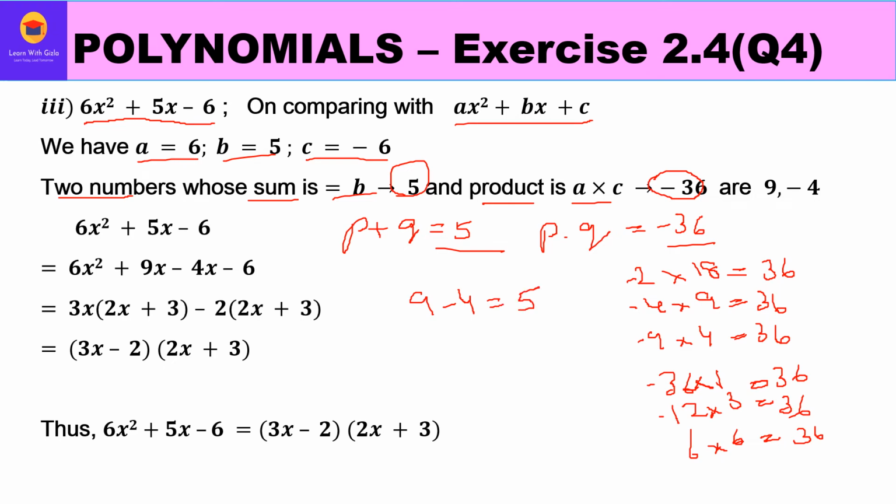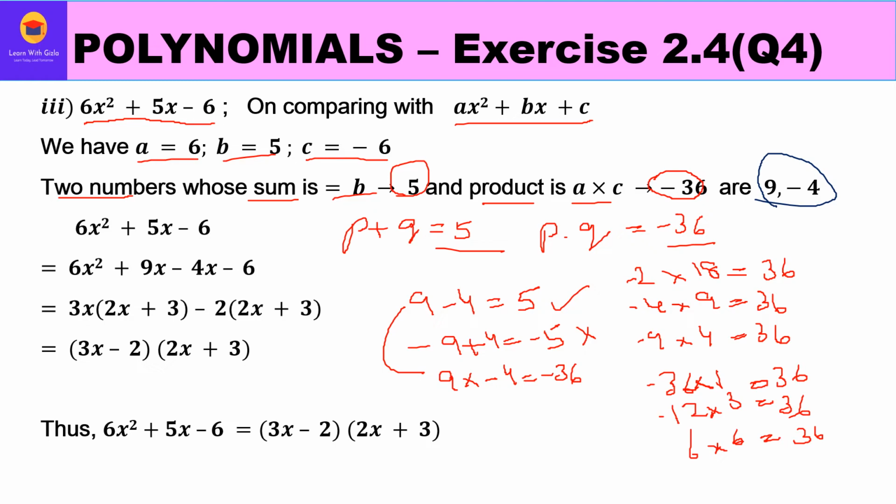We cannot take minus 9 plus 4 because this will end up giving us minus 5. So this option we cannot take. The only option left is 9 minus 4. Let us check this as a product. 9 into minus 4 will give us minus 36. So I think this combination of 9 and minus 4 are the numbers which we are looking for.